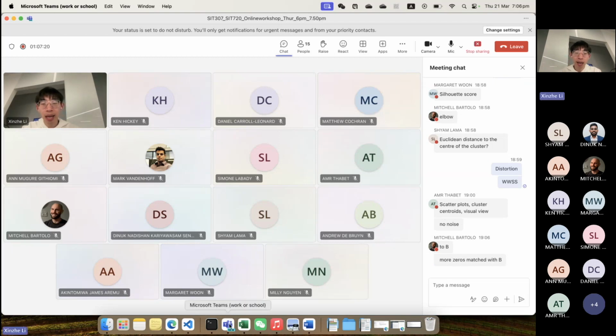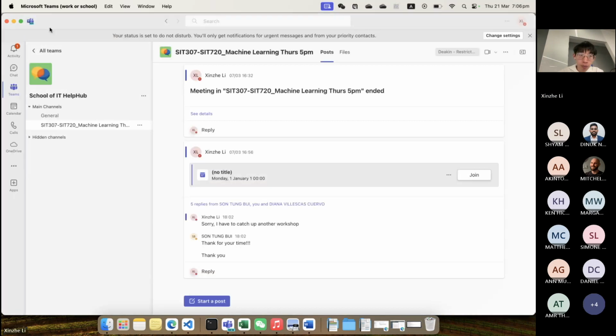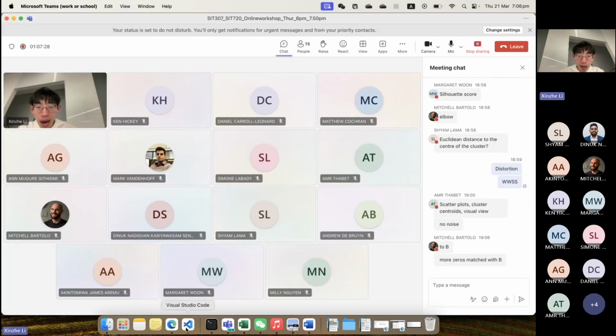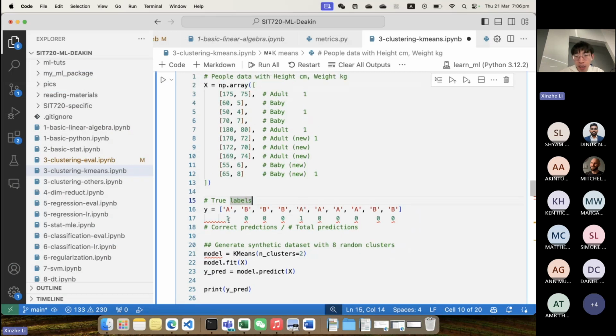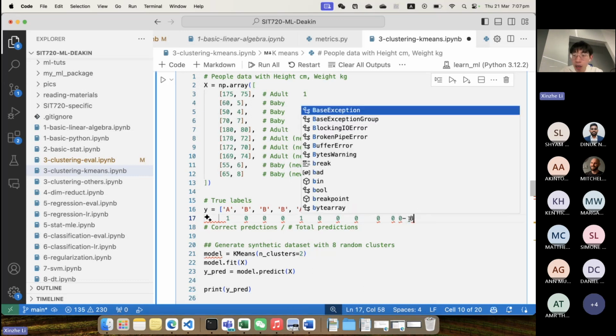Yeah, that's exactly how we do it when we use the purity score. Everyone understands what KMeans is, right? It's easy. You see here there are 5 zeros for B, but only 3 zeros for A. So there are more examples in the cluster with the label B compared to A. So we say 0 should map to B, right?